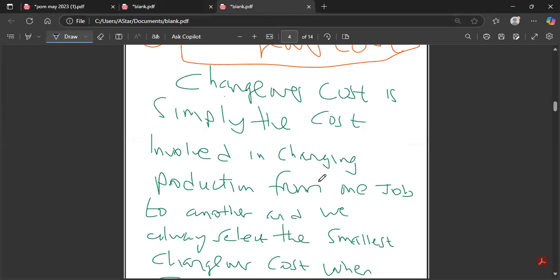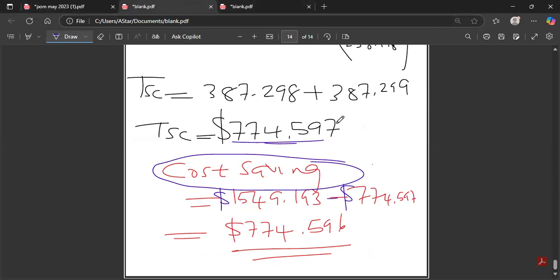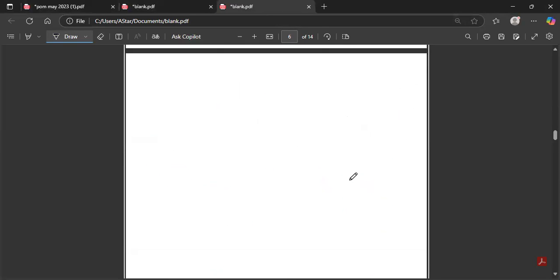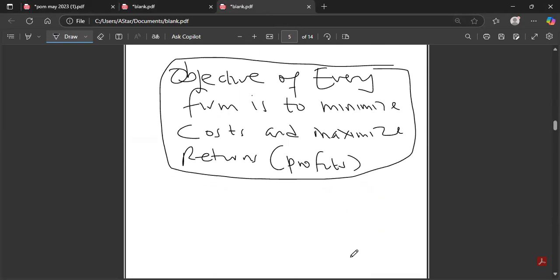All you need to do is start with the job that has the least possible cost, because your objective is to minimize the costs. I don't know if you get my point. Is that okay with you? So you need to start with a job that will give you the least possible cost.